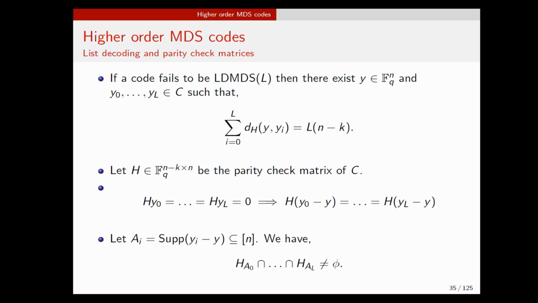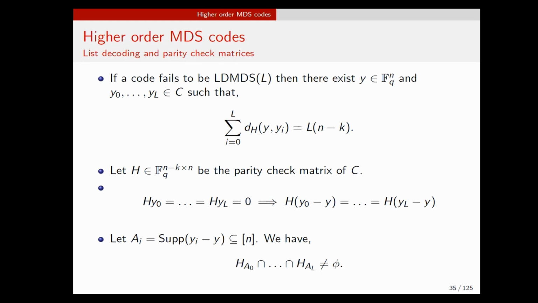So let us denote by a_i the support of y_i minus phi. Now let's look at this. What is this telling us? H of (y0 minus phi) is some linear combination of the columns in the support a0. And I'm saying that a linear combination of the columns in the support a0 equals a linear combination of the columns in a1, which equals a linear combination of columns in a2, and so on. So that means the subspaces H of a0, H of a1, H of a2 all intersect in a non-empty fashion.